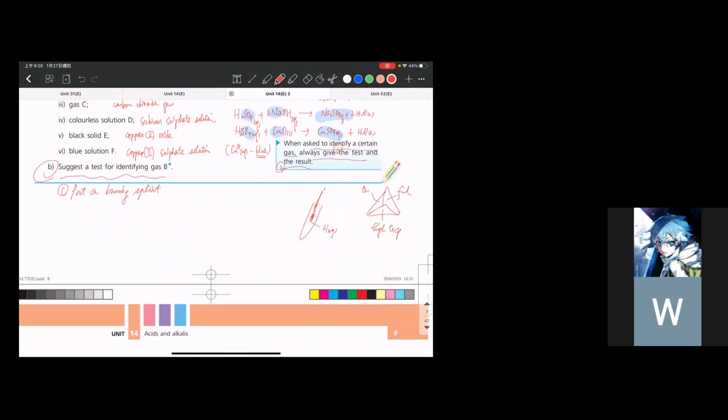But wait a minute, if it is put off, which means no high temperature, no oxygen, just fuel, will they produce a pop sound? So actually, what is meant by a pop sound? It's caused by an explosion, right? A very small controlled explosion inside the tester.